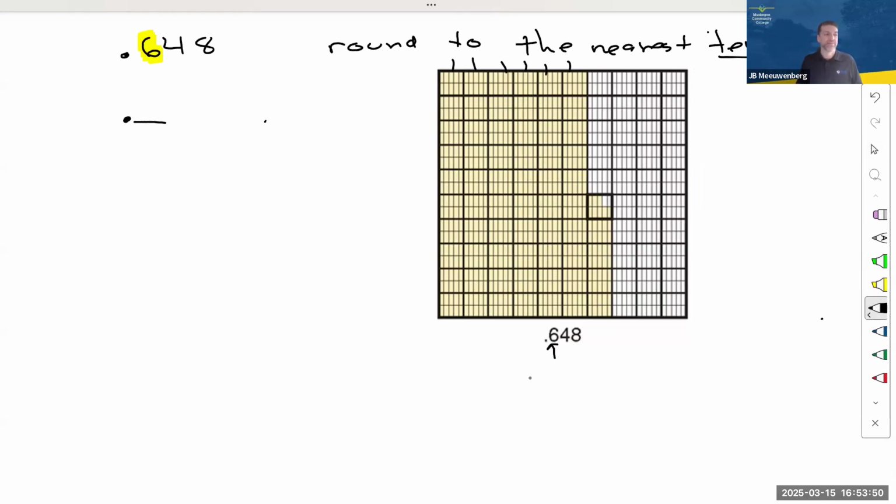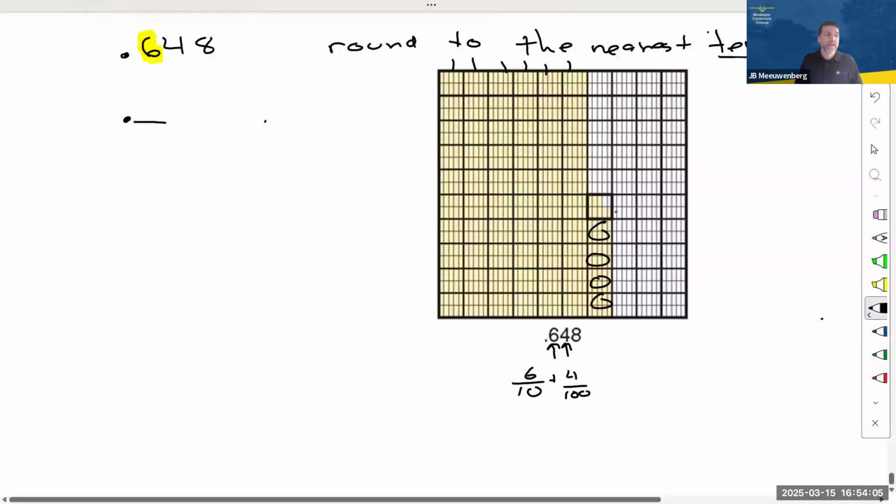Those are for the 6/10ths that we have right there. And then you'll notice we have 1, 2, 3, 4 of the hundredths blocks filled in. And then you see that we've got a few of these thousandths sections filled in, 8 of these thousandths sections filled in.